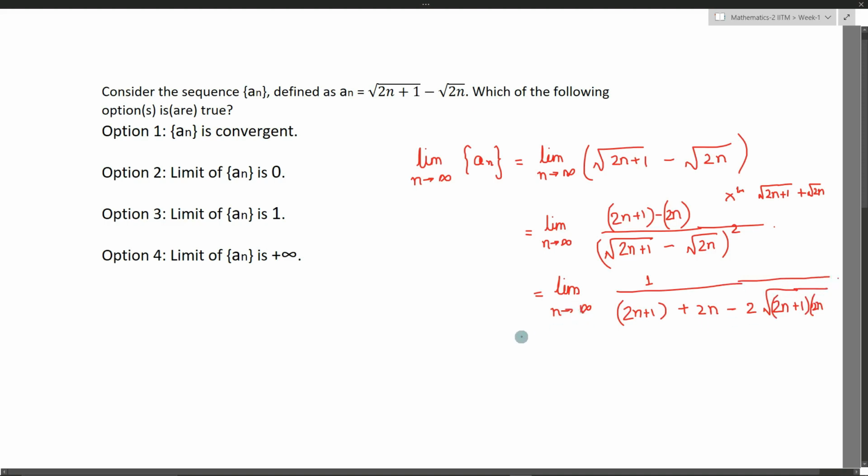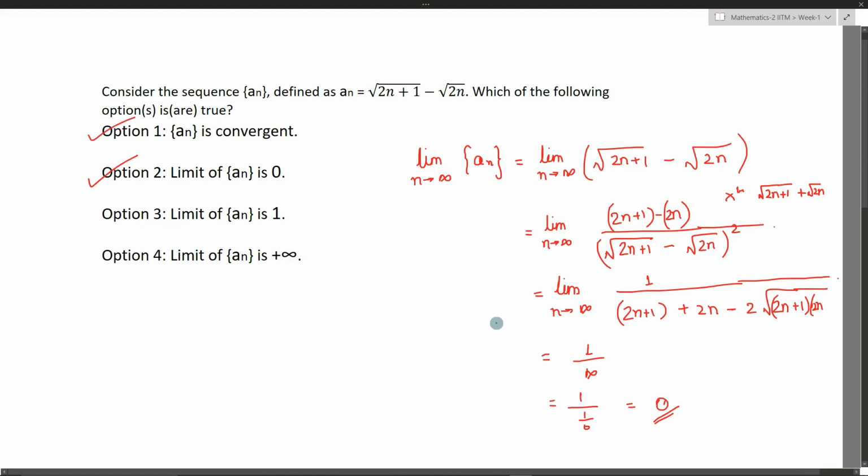Now if I substitute n as infinity, I'll have 1 divided by infinity, so this will be nothing but 1 by infinity. This is nothing but 0. So option 2 is correct. Since the limit is not going towards infinity, it is coming back to 0, so this will be convergent.